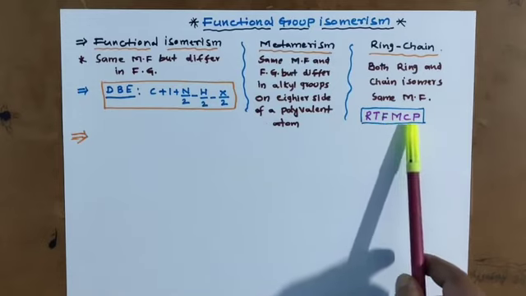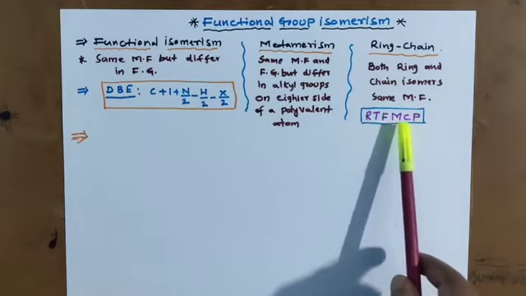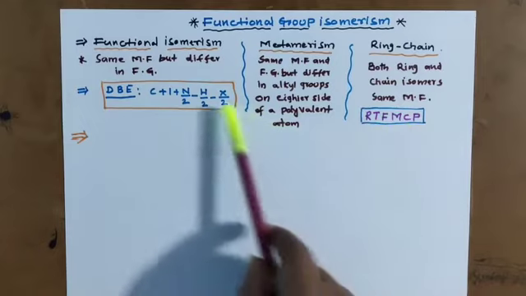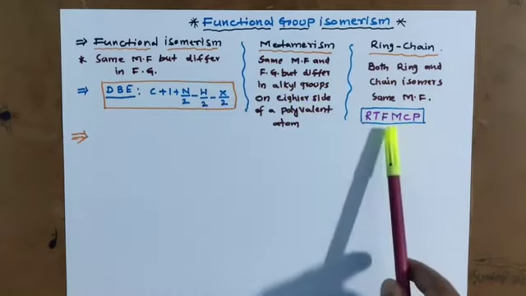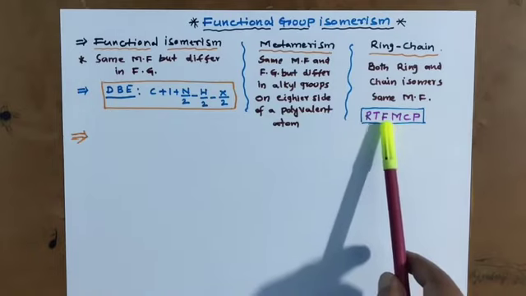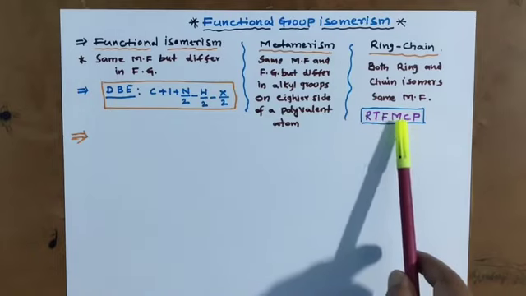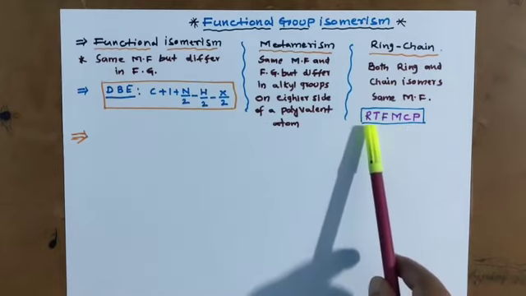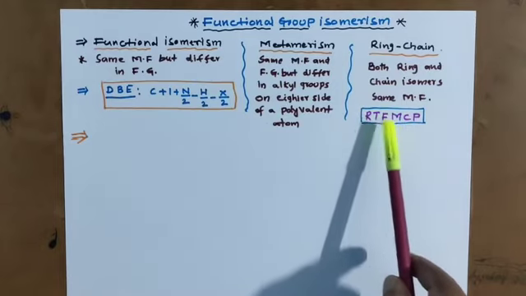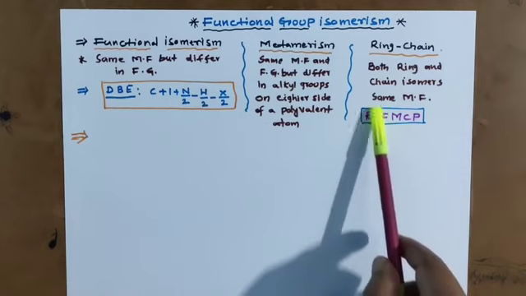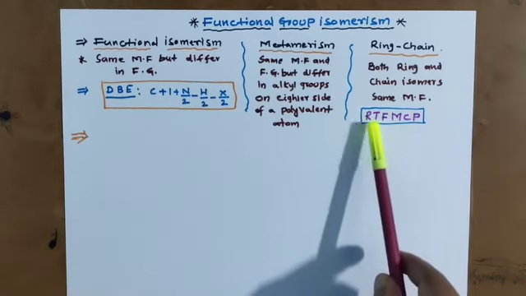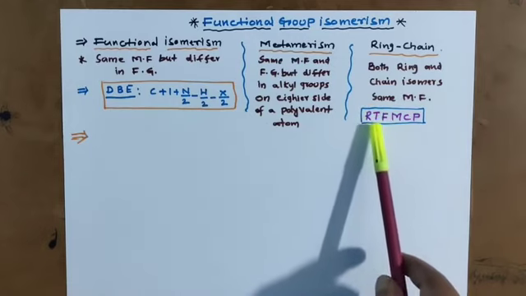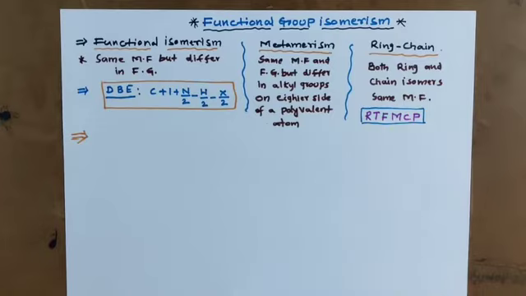If any compound exhibits functional group isomers and metamers both, you have to give priority to functional group isomers, not metamers. If any compound exhibits metamers and chain isomers, you have to give priority to metamers. If any compound exhibits ring chain isomers or tautomers, ring chain isomerism is first priority. This is the order you have to remember for competitive purposes.